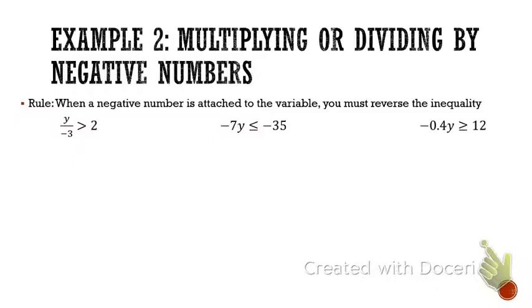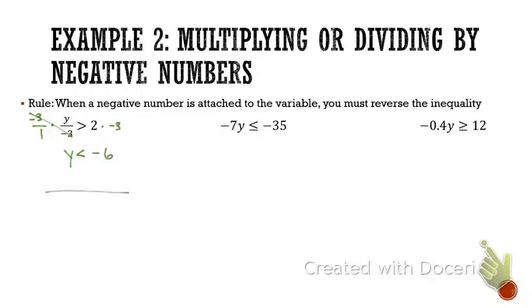All right, so I still follow the same process. How do I get rid of the division? I need to multiply. But because there was a negative number connected to my variable, when I multiply, now instead of my sign being greater than, now my sign is less than -6.